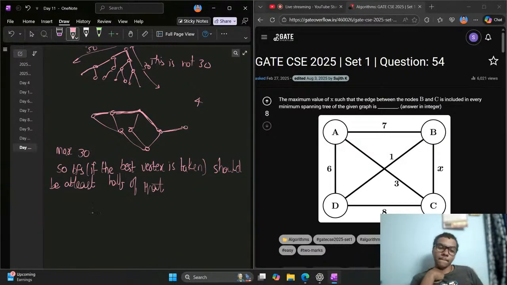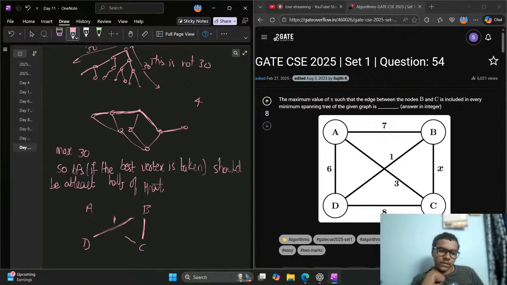So if it needs to be always included, let's fix that one. Minimum spanning tree. If it is 1, it will always be included. So it is 1, it is always included.